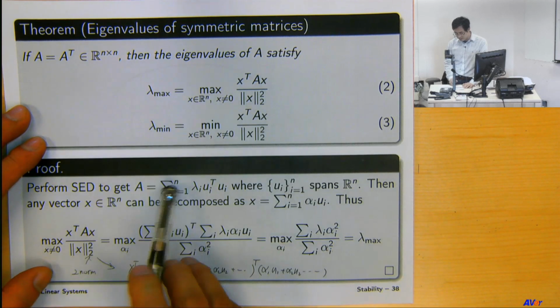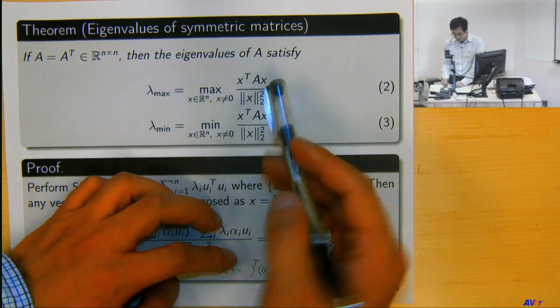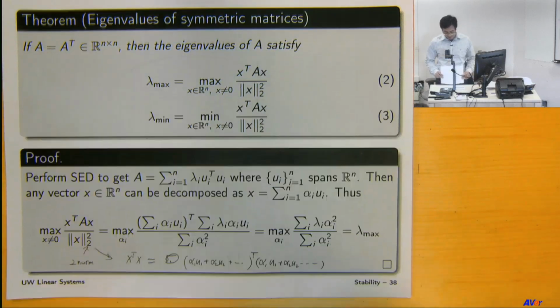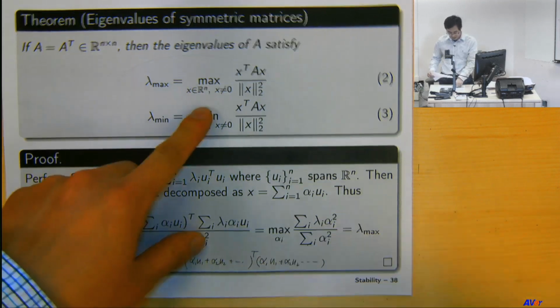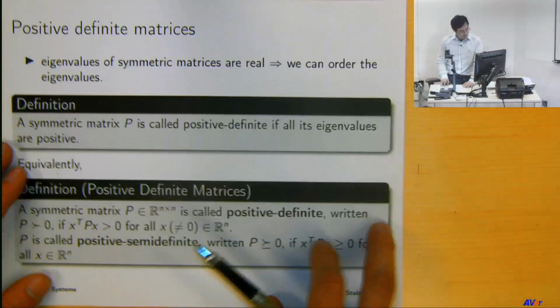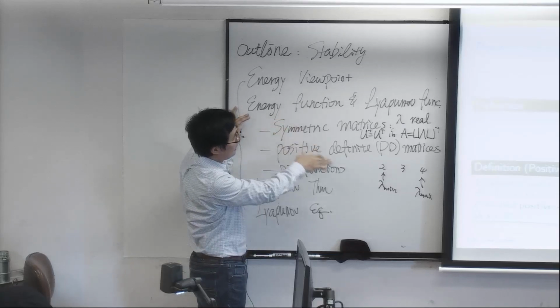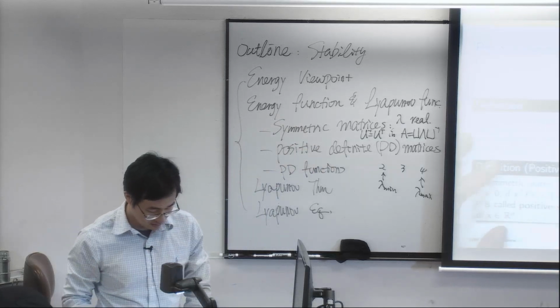So this is the main result. The proof is going to illustrate my main point, that this connects with the energy functions. So let's take a look at how we can come up with positive energy functions out of these matrices with properties in the eigenvalues.